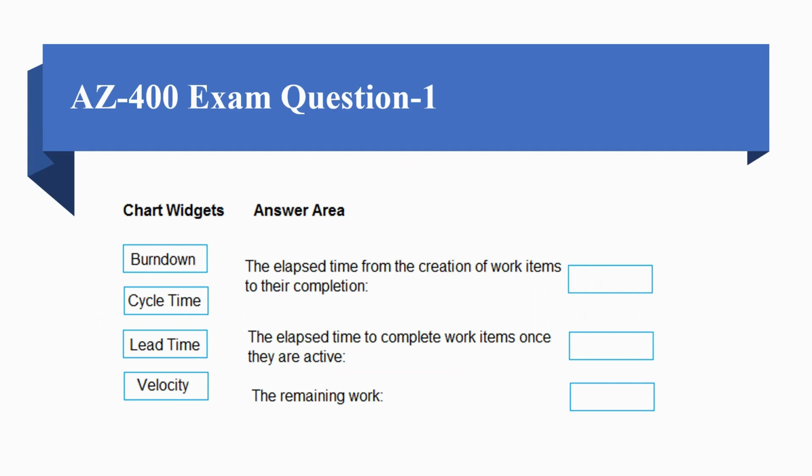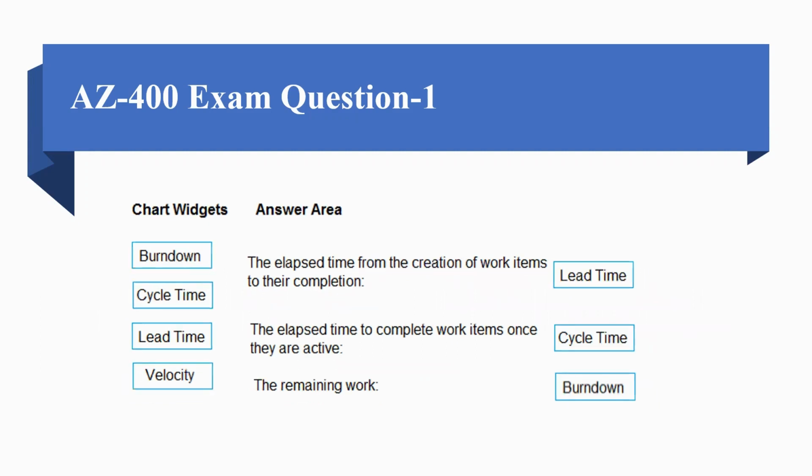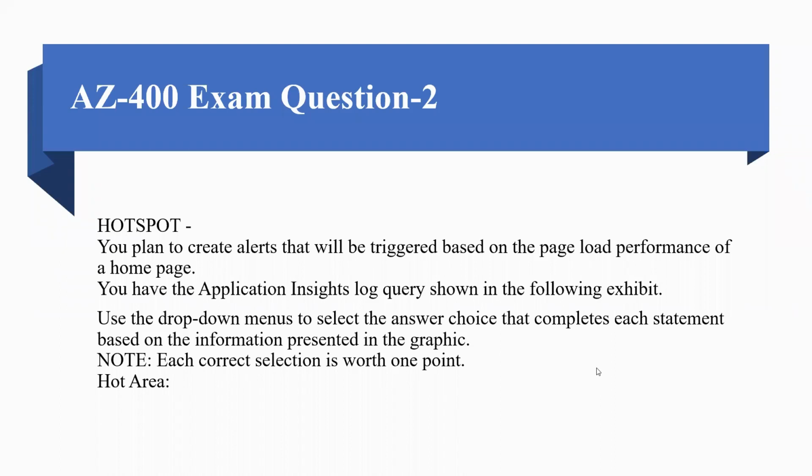The correct chart widgets would be: elapsed time from creation of work items to their completion would be lead time. Elapsed time to complete work items once they are active would be cycle time, and the remaining work would be work time.